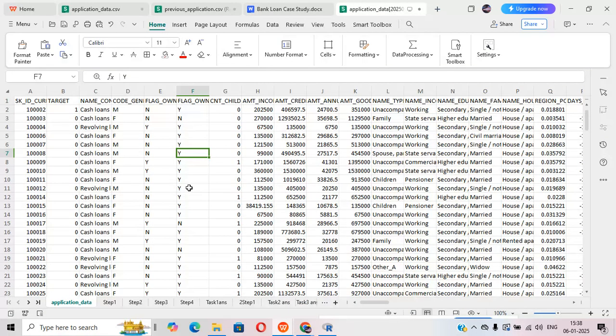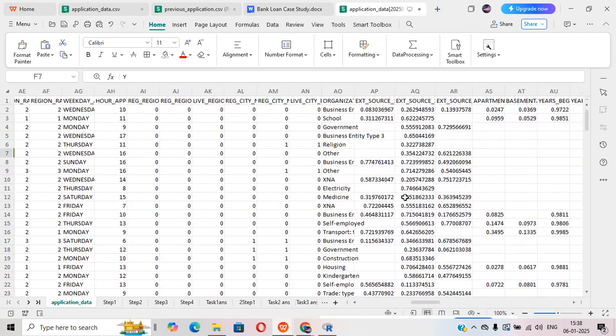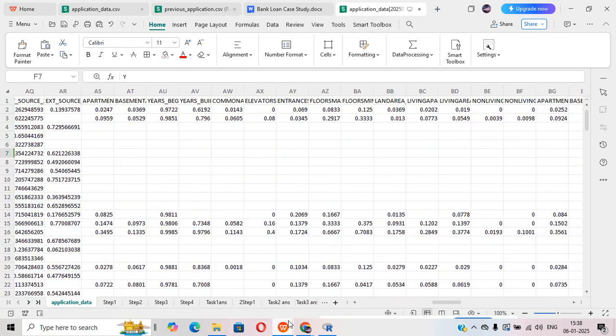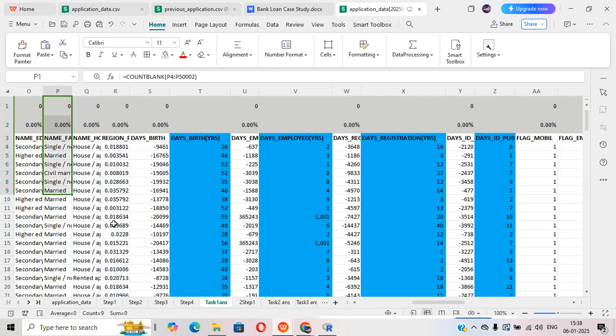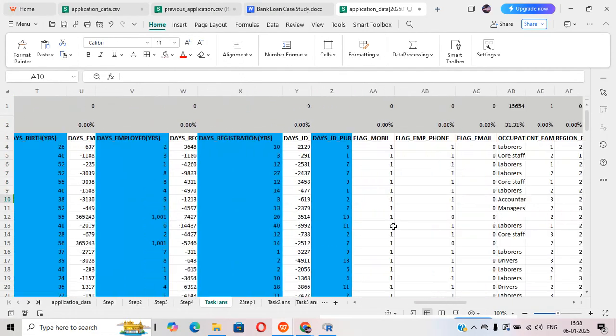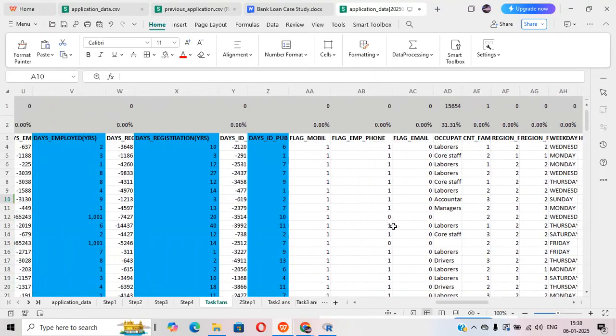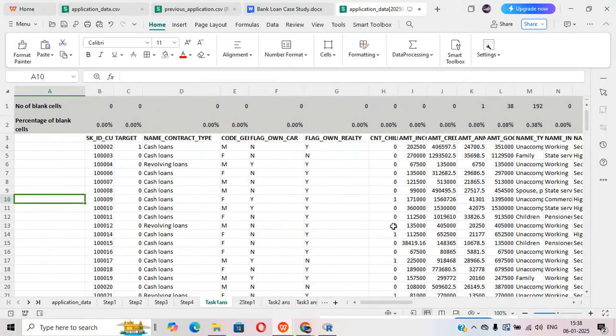So this is the final data after the cleaning step.